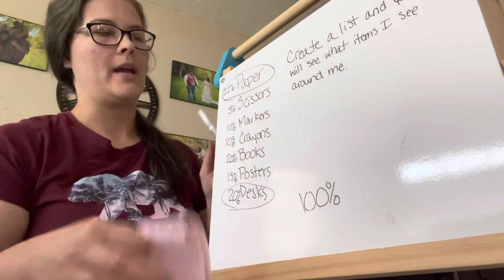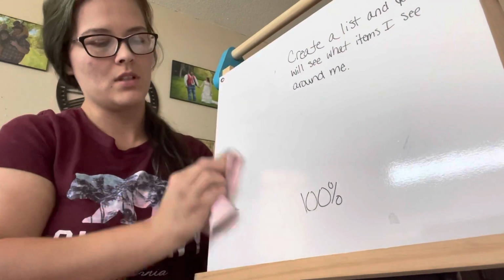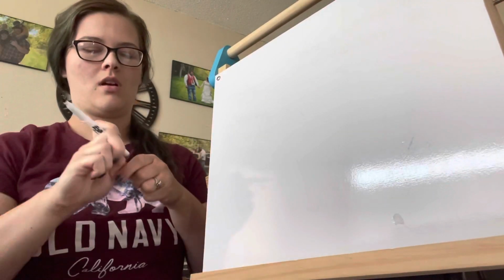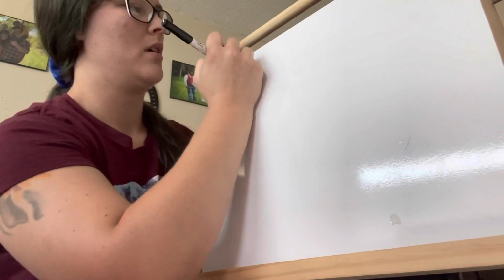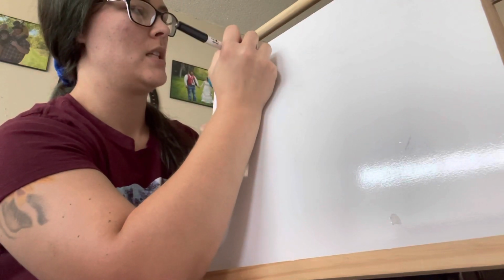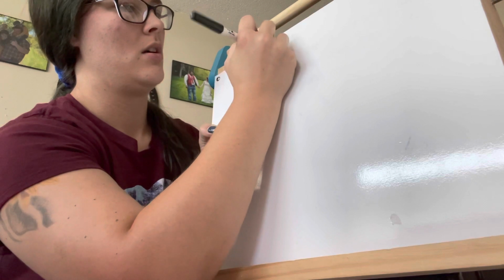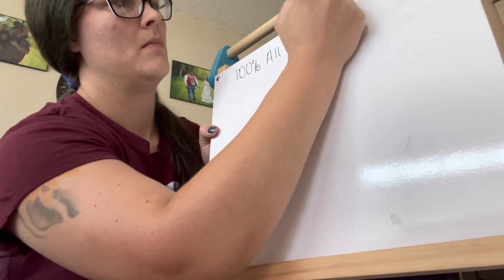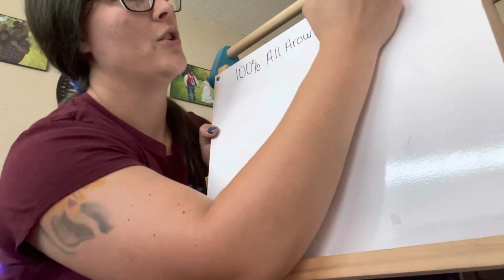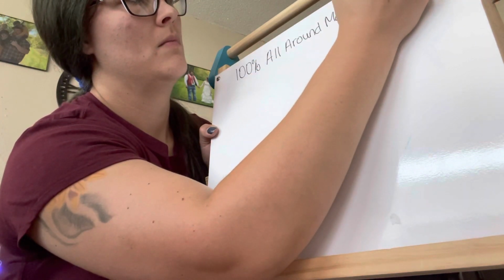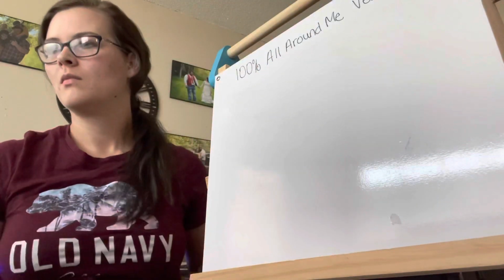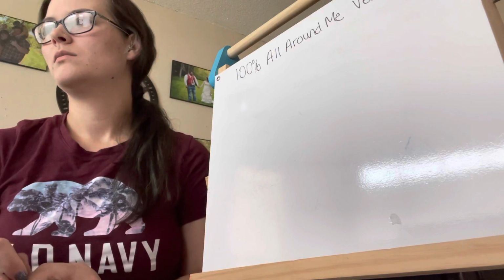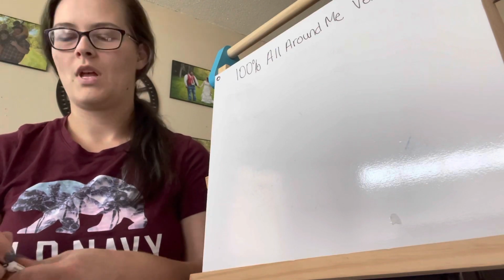So on your paper, I want you to label your paper 100% all around me. And then put version 1. So I want that to be on the top of your paper. And let me know when you're done.